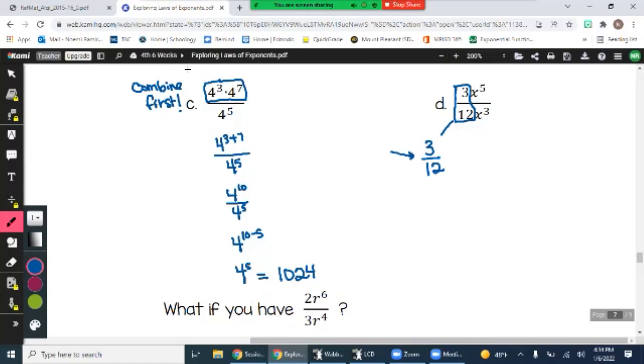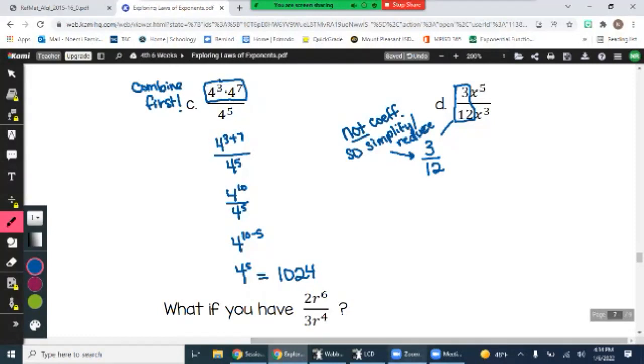Okay. So since this fraction is not a coefficient of a power, you simply simplify, or you reduce if possible.